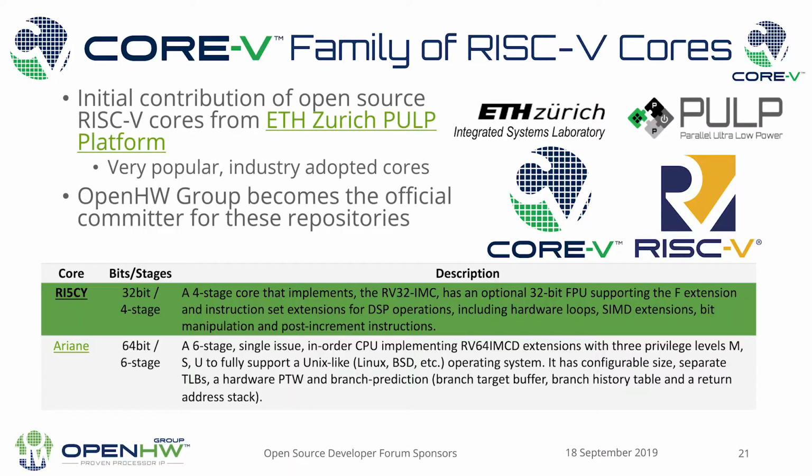These two cores in particular are the 32-bit RISC-V core, where they got funny with the 5 and made it an S in the name, and the Ariane, the 64-bit core. These are SystemVerilog implementations that have gained a fair amount of industry traction.